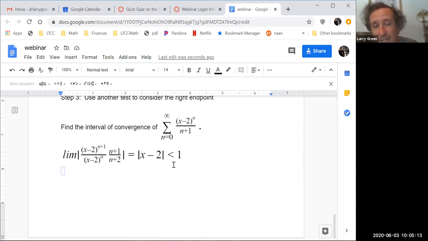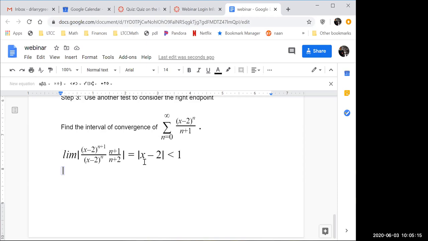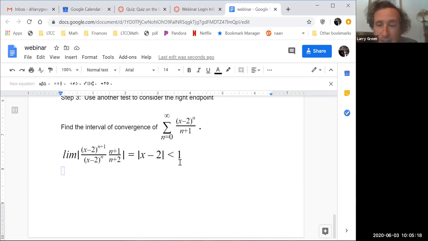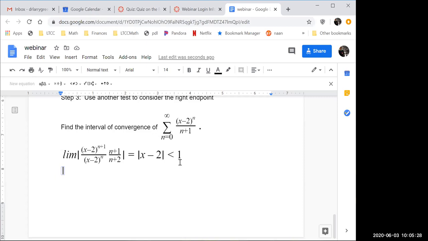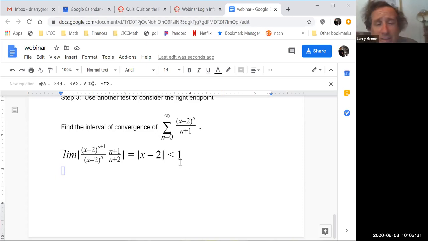Should be able to do that in your head, hopefully. 3. And then you also go x minus 2 equals negative 1. Do you remember that's how you do absolute value inequalities? And what do you get for x? x minus 2 is negative 1, so x is 1. 1 minus 2 is negative 1. So that tells you negative 1 is less than x is less than 3. Any questions on that?